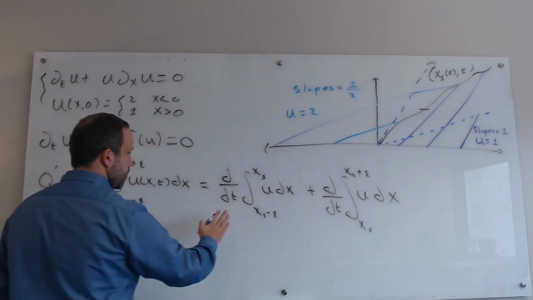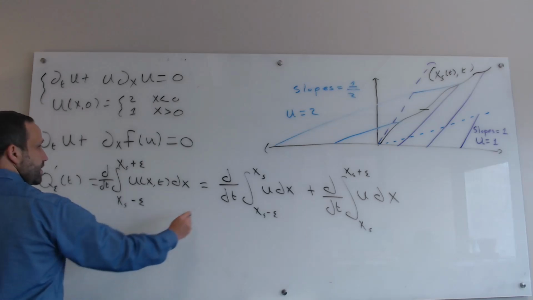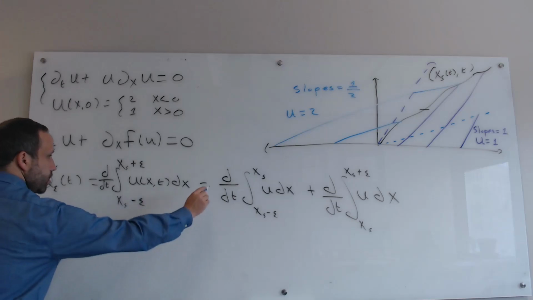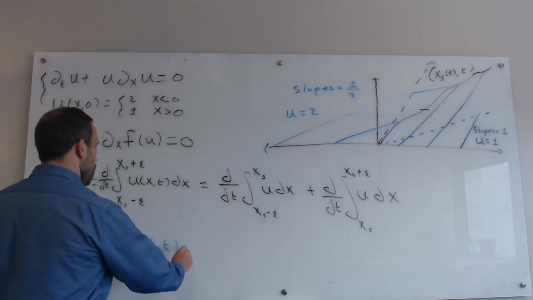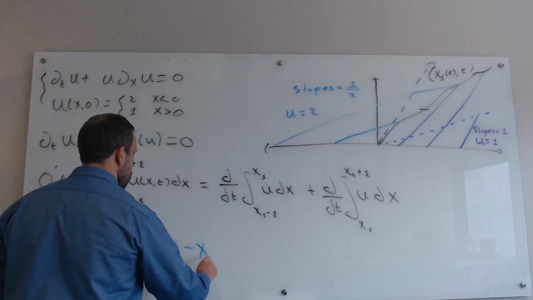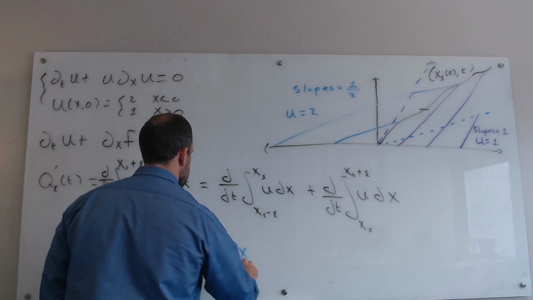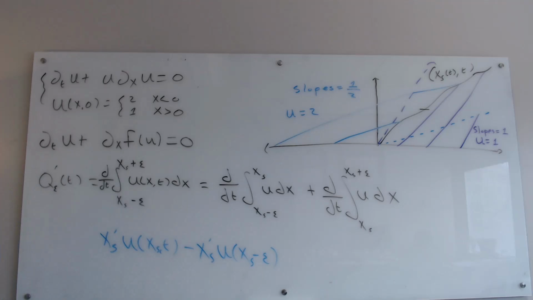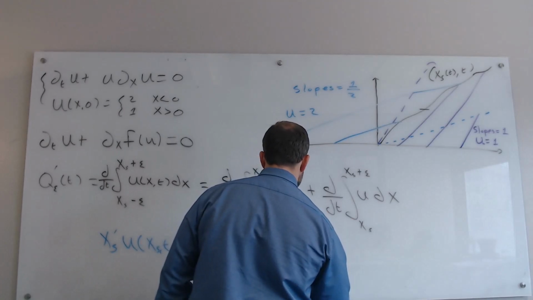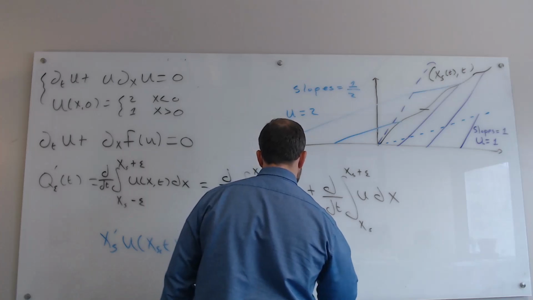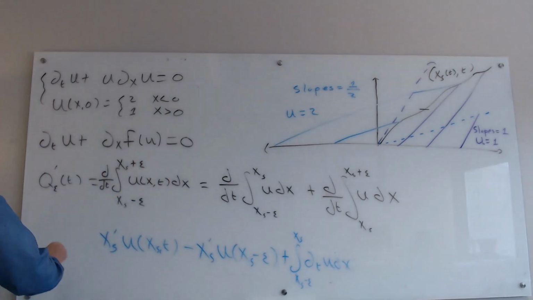So what this first integral is going to be equal to is xs prime, the derivative of the top bound, times the integrand u evaluated there, xs of t, minus the derivative of the bottom bound, which is xs prime, times u evaluated at xs minus epsilon, plus the integral from xs minus epsilon to xs of the t derivative of u. So that's what the first integral is equal to.